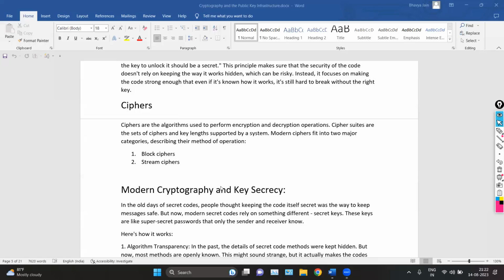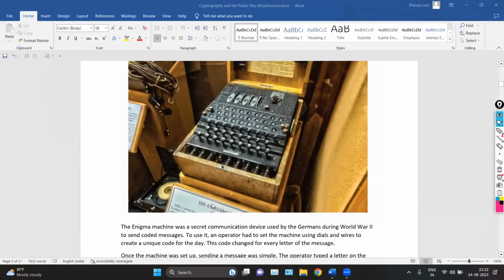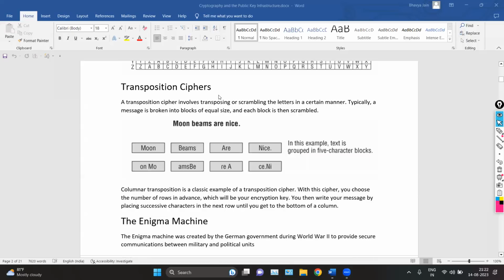So we have two types of ciphers. First, we have block ciphers. Block ciphers operate on chunks or blocks. This transposition cipher is an example of a block cipher because, let's say you have this whole statement, moon beams are nice.